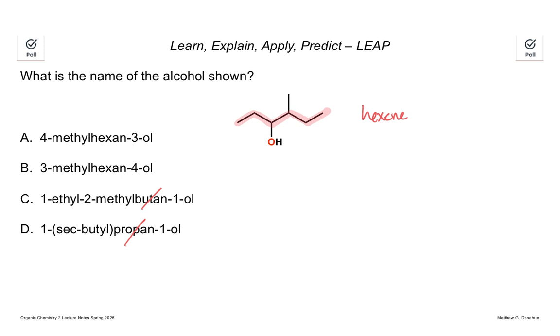So we would start numbering from left to right. And so this would basically become 3-hexanol. The 3 tells you where the OH is located.